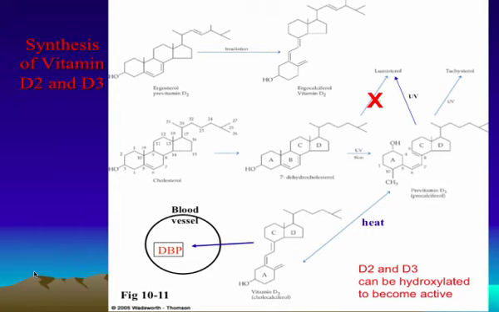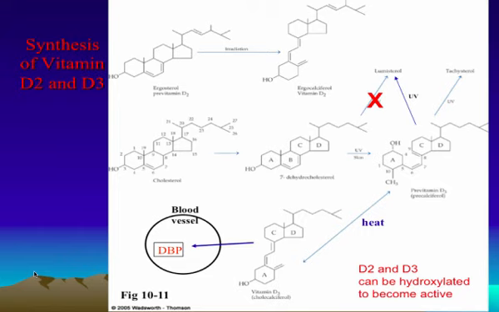These molecules don't leave the skin. Once this vitamin D3 binds vitamin D binding protein, it starts circulating through the blood. That's how it gets to other tissues.